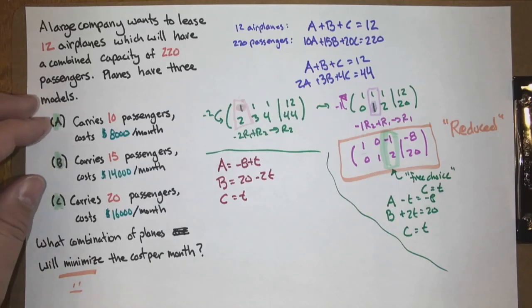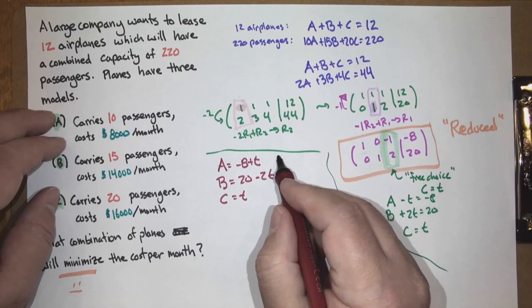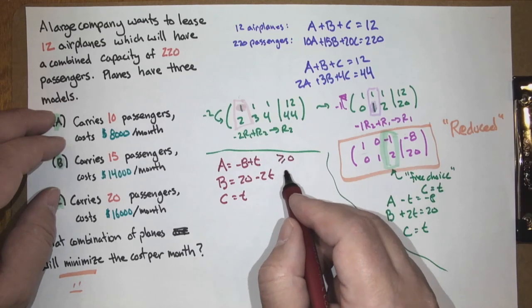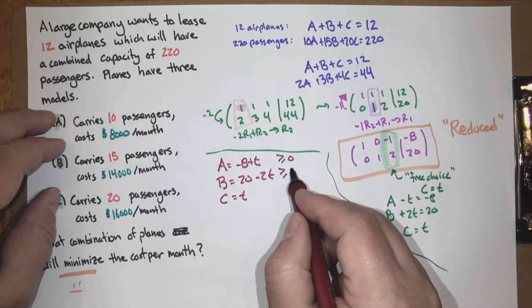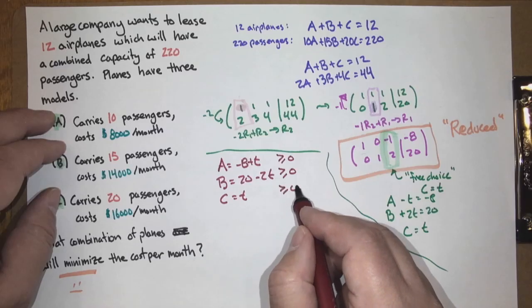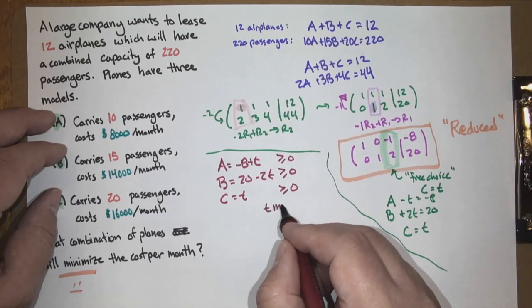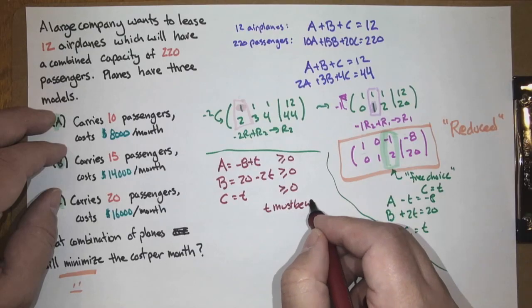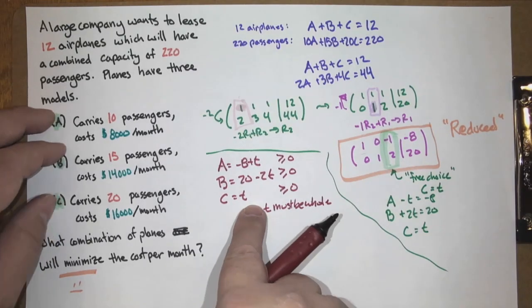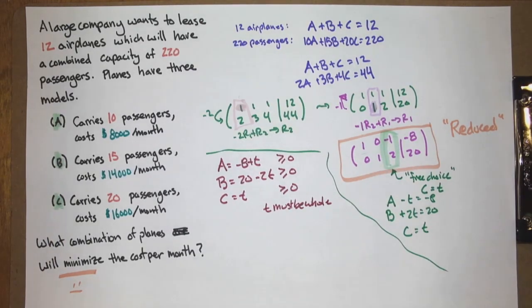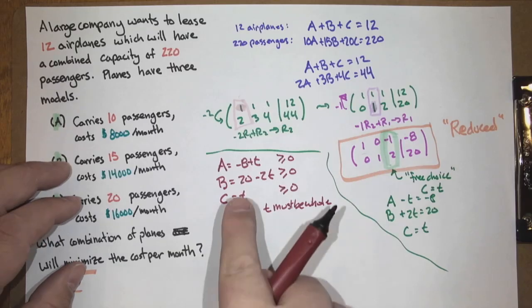Now, with that in mind, one thing we can observe is, hey, we need A to be greater than or equal to 0, B to be greater than or equal to 0, and C needs to be greater than or equal to 0. And the other thing is t must be a whole number, because if t is not a whole number, then we get fractions. Let's see what this says.